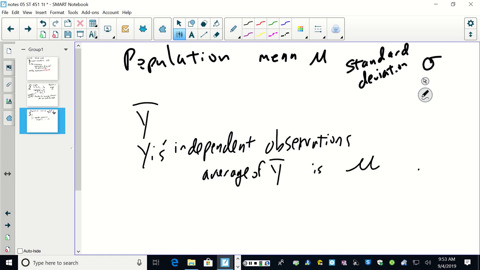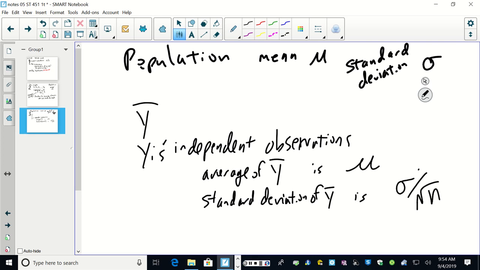So on average, our estimator is going to give us the right thing, what we would like, and the standard deviation of y bar then is the sigma from the individual values divided by the square root of n.